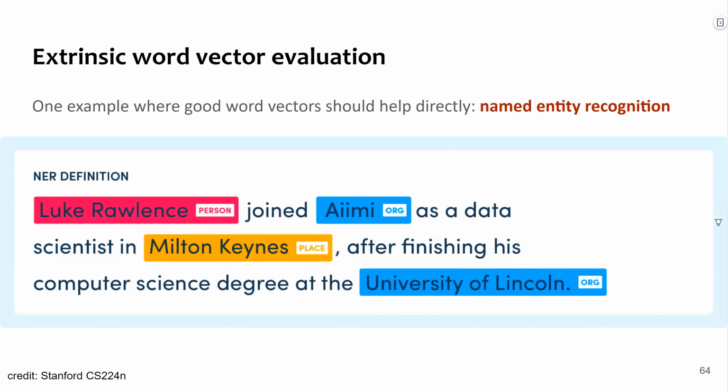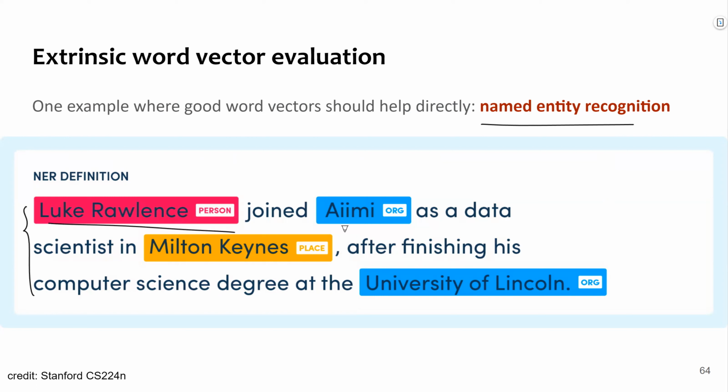And one extrinsic word vector evaluation is called named entity recognition. We're going to use word vectors to perform named entity recognition. And what is named entity recognition? NER: given a sentence, we want to recognize or classify the entity of the names.